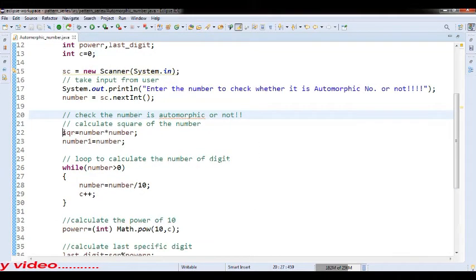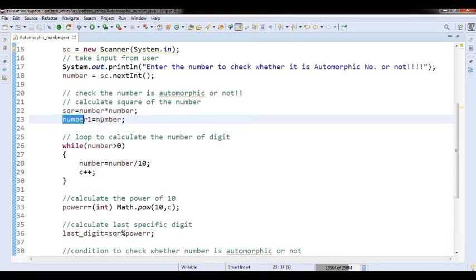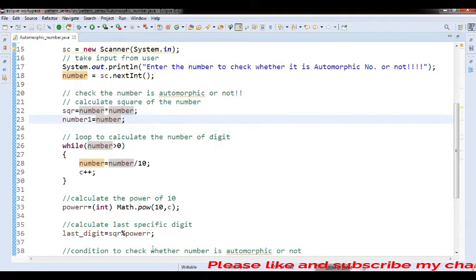Then we calculate the square of the number. Then the number value is stored in a temporary variable called number1, because when our loop terminates, the number value becomes 0.